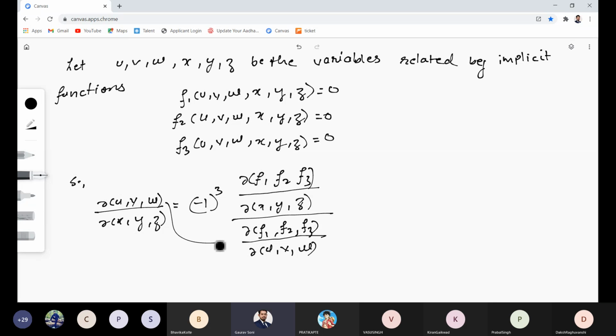Look, the numerator is going in the denominator and denominator in the numerator. And these are the two formulas to find Jacobians of implicit function.